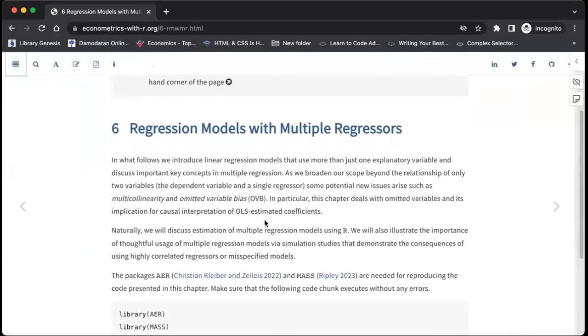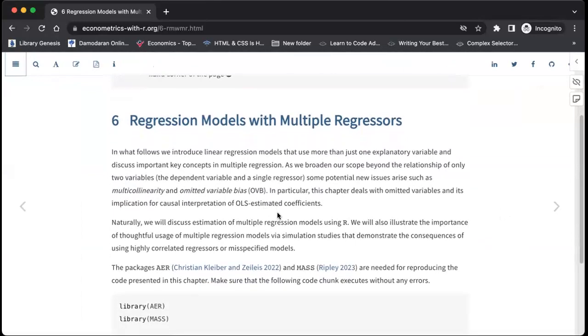Yeah, that's it. We are looking at chapter 6, multiple regression models with multiple regressors. In a sense, it's an extension of chapter 4. The main issues here will be omitted variable bias, which is a problem with chapter 4, because when we look at a single regressor, we always have that problem.